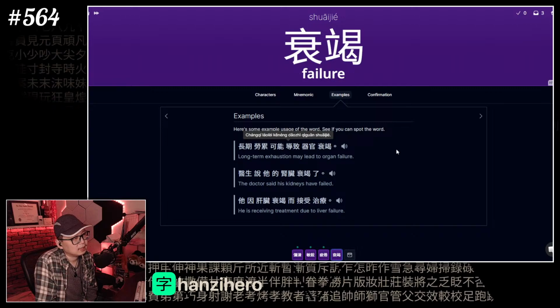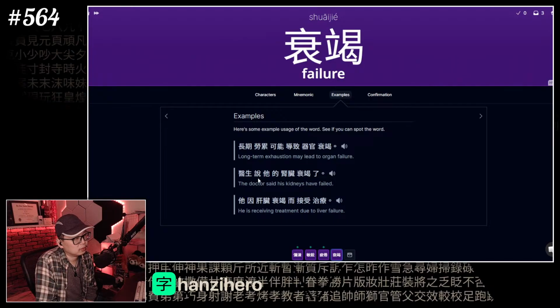Oh no, it's not 致导致. Okay, 劳累长期. Okay, so that's 长期 for sure. 长期劳累可能导致, like lead to or result in 器官. Oh, 器官 is the organ. 器官衰竭. Oh, 竭, I almost dropped this too and I was 50-50 on qing versus qi.